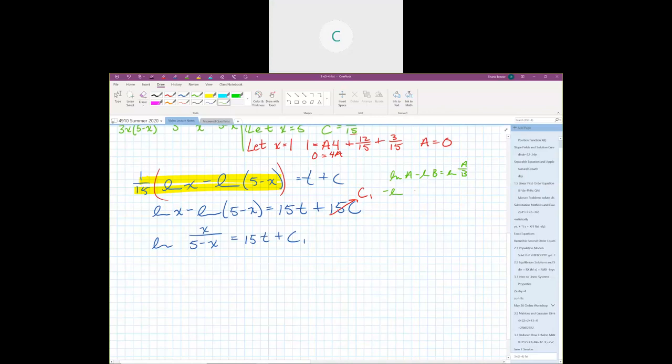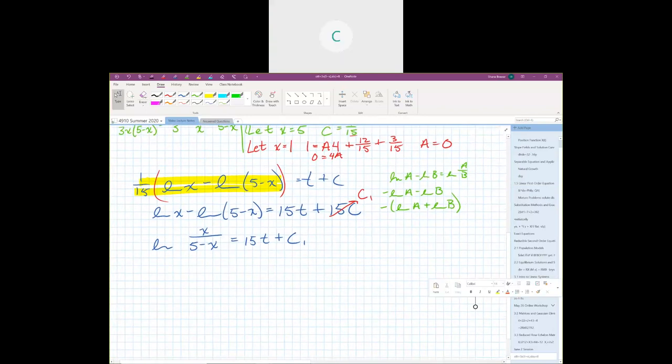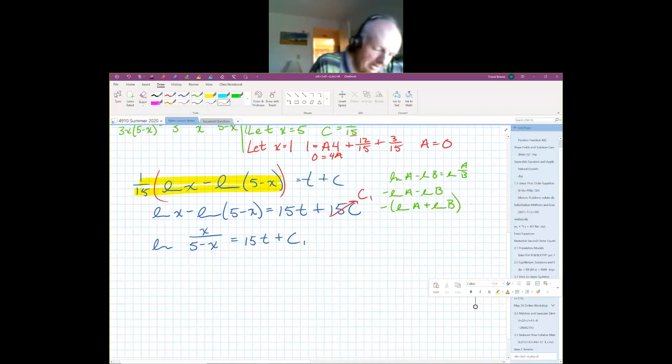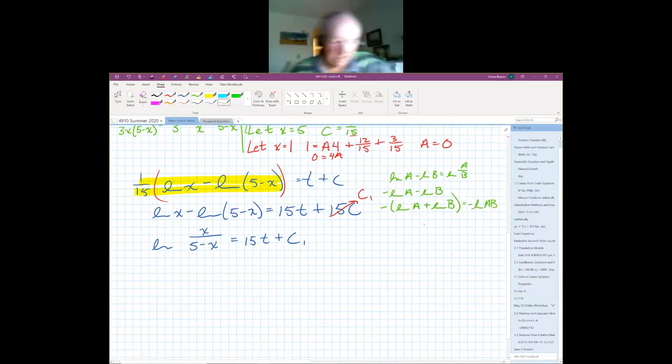How would you treat that? I would probably factor the negative out. That becomes negative ln of AB, right? Because the property is if you're adding logs, it becomes the product.